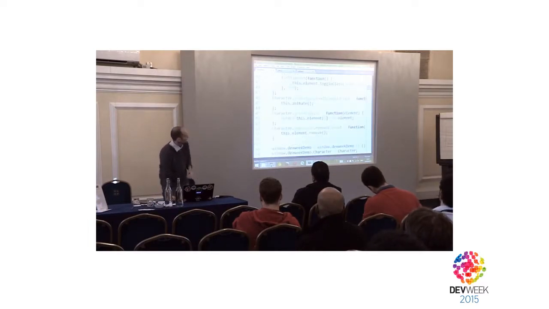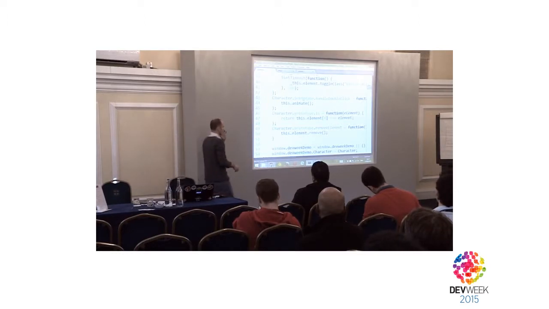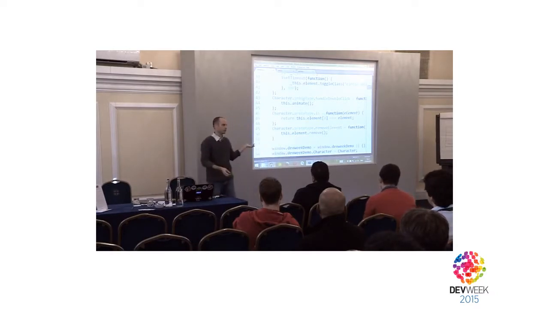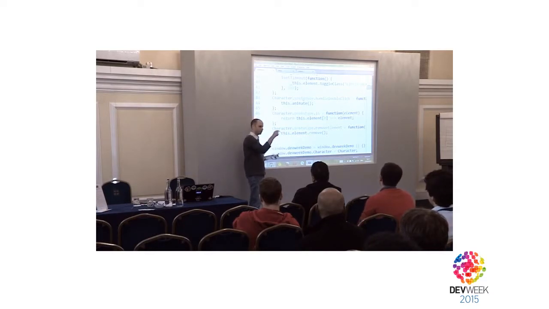It's okay. And this is where we were. Now, a lot of the time you're writing JavaScript and you say, I want to put a breakpoint here. So what you usually do is go to the Chrome Developer Tools, find the function, and then put a breakpoint. But you don't have to do that.